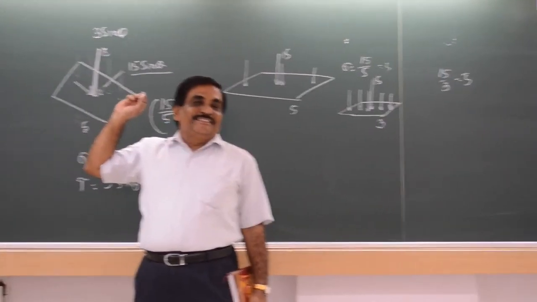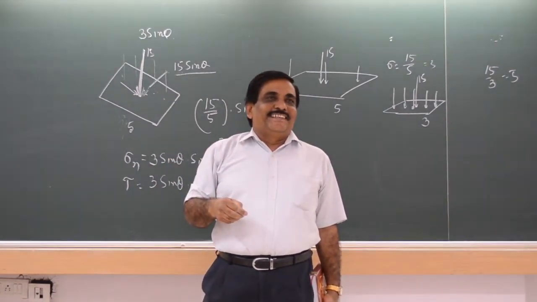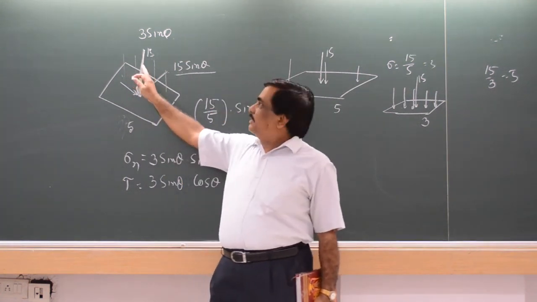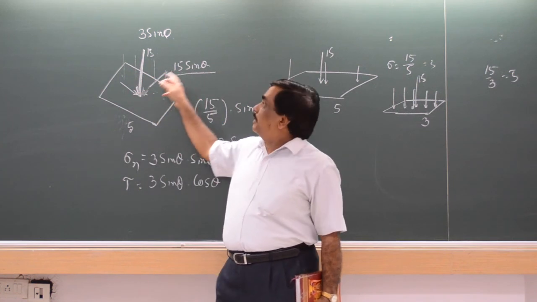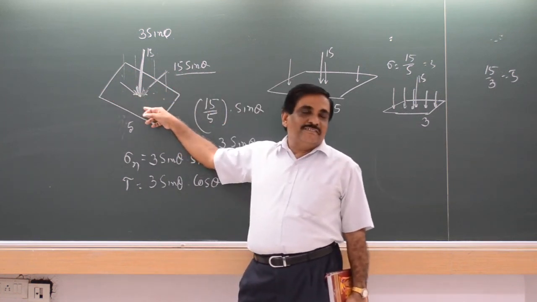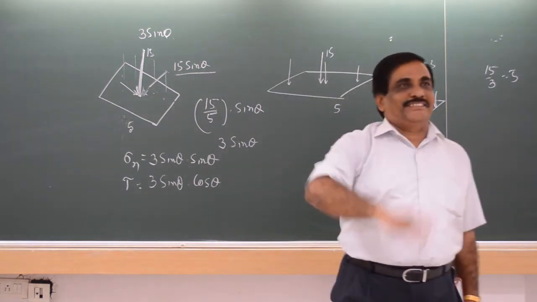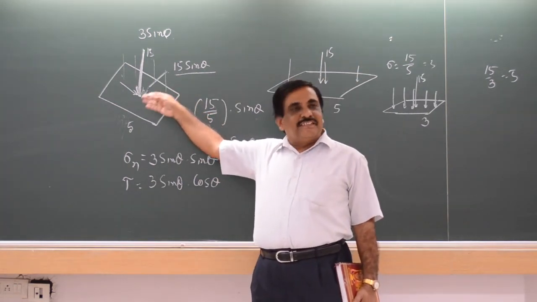How so? 15 is not working right now. It is 15 sin theta and 15 cos theta. 15 sin theta is the normal force. 15 cos theta is the traction. 15 cos theta is not working as far as stress is concerned. This only contributes towards stress.